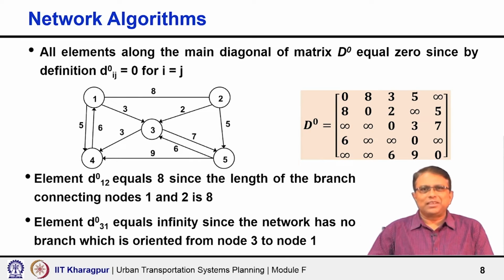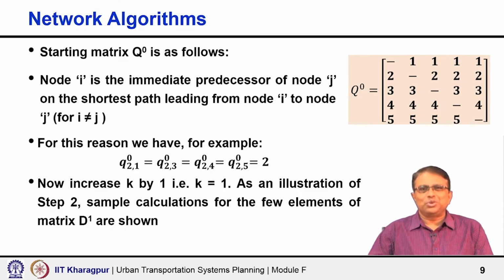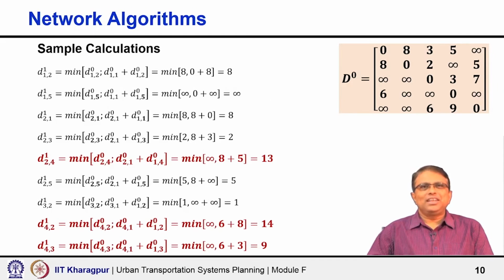There was no direct connection. But now when I take 1 as my intermediate node, I am exploring 2 to 1 and 1 to 4. The total cost is 8 plus 5, 13. 13 is less than infinity.